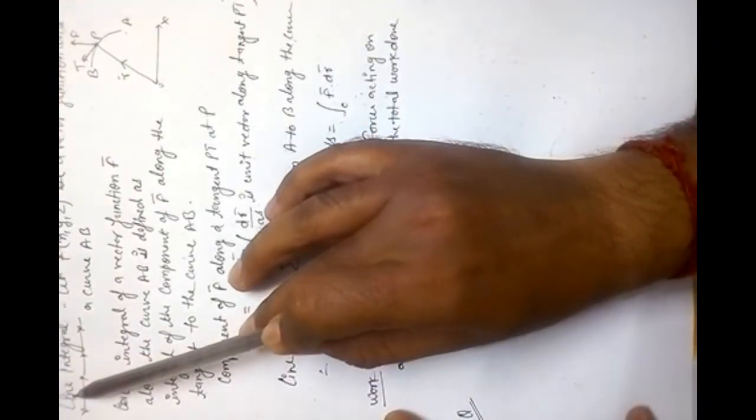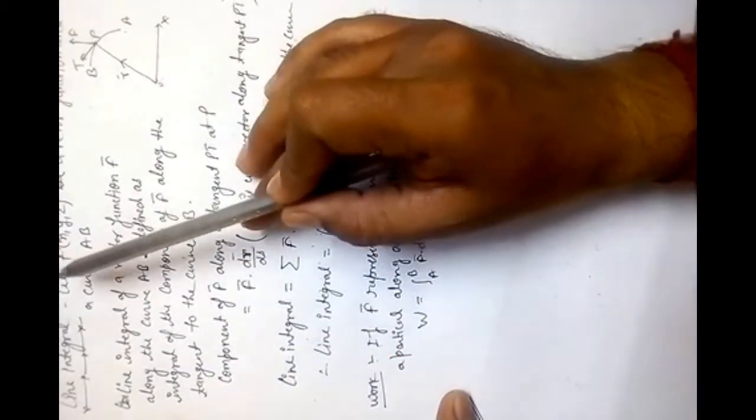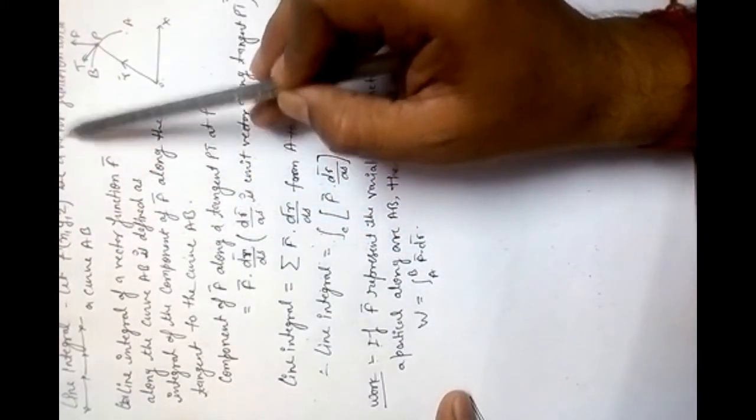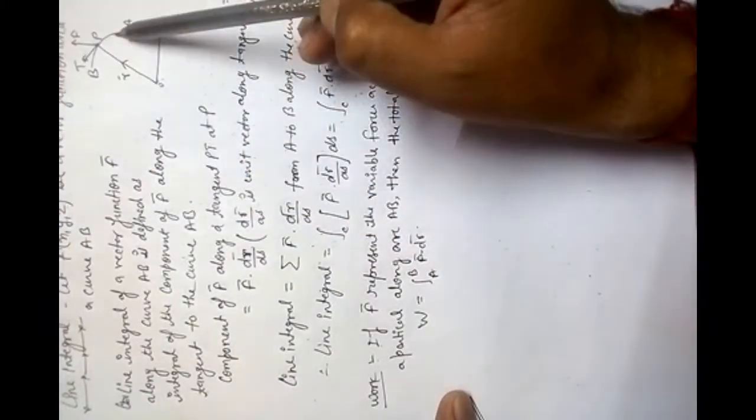Okay, I can repeat. Line integral means: let vector F, which is a function of x, y, z, be a vector function and a curve AB.